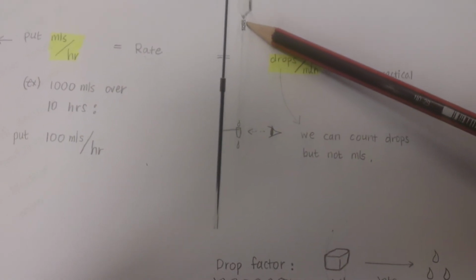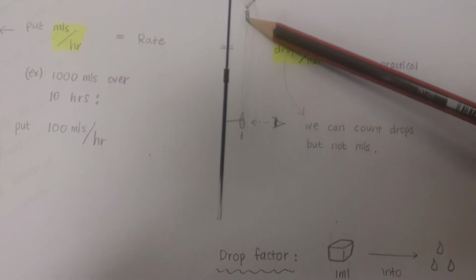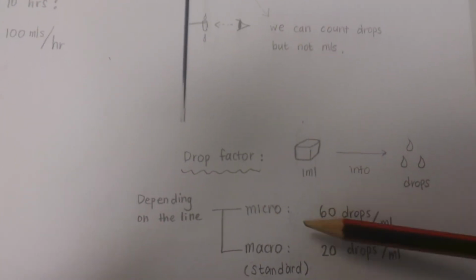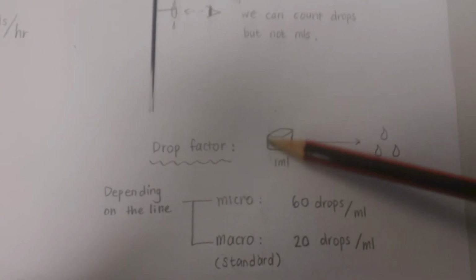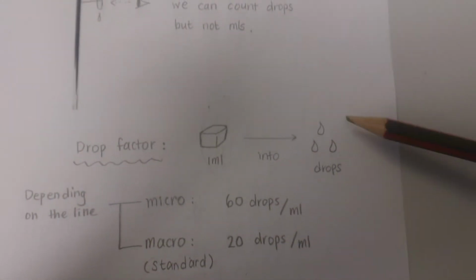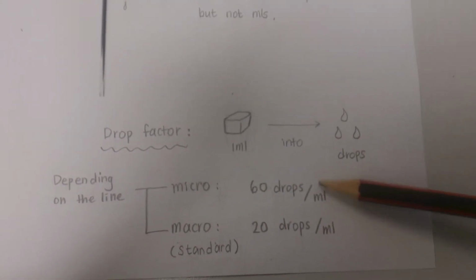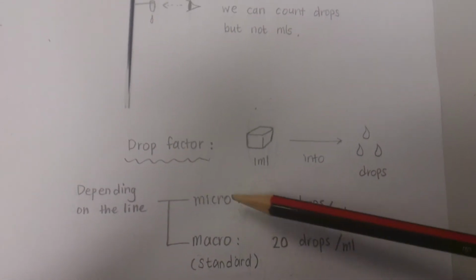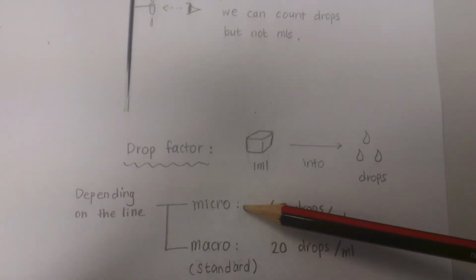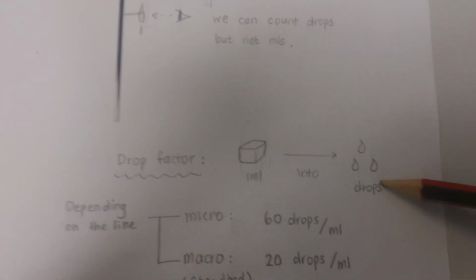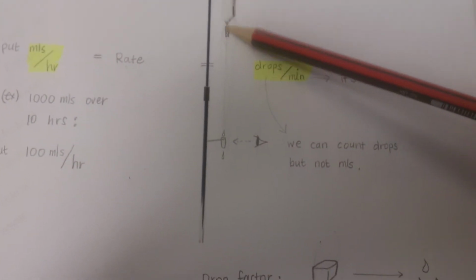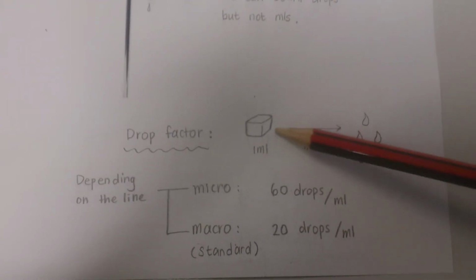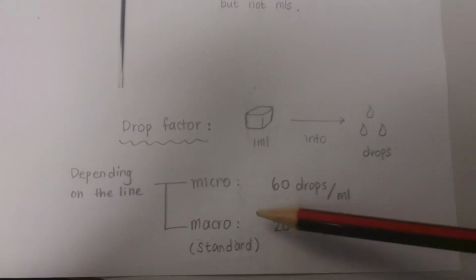That only means different lines have different filters, and microfilters divide 1 mL into 60 drops. So a micro giving set divides 1 mL into 60 drops. This particular line has a filter that divides 1 mL into 60 drops.